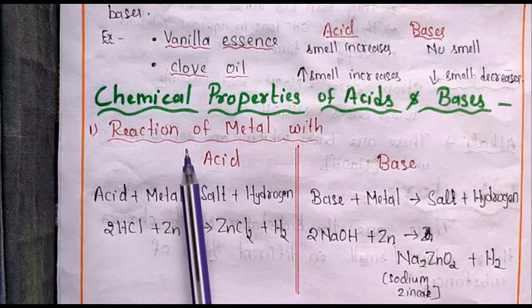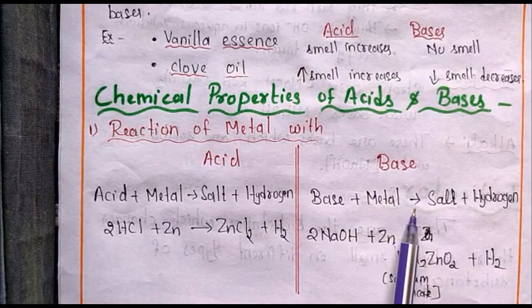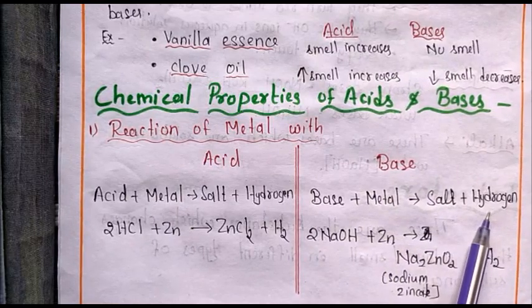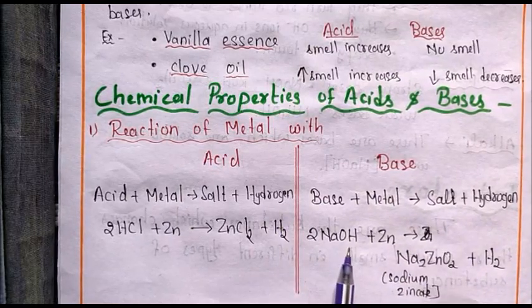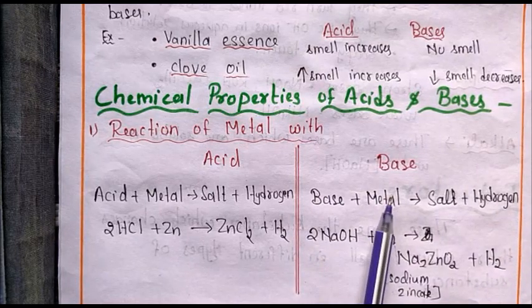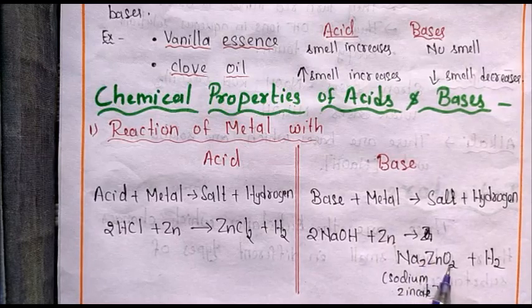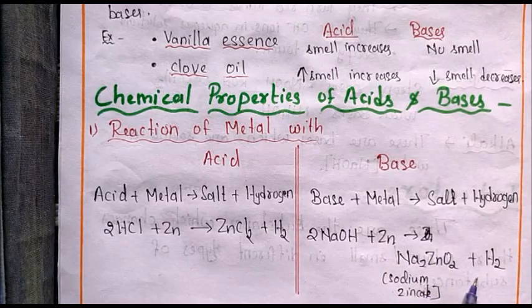Like that, when base reacts with metal, it also gives salt and hydrogen. See, NaOH, sodium hydroxide is your base, reacts with zinc. Zinc is your metal and it gives sodium zincate, Na2ZnO2, plus hydrogen.